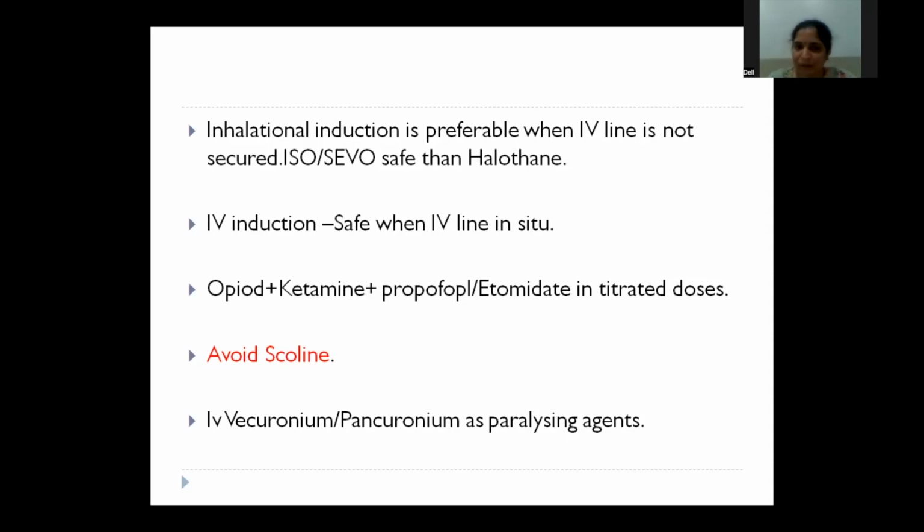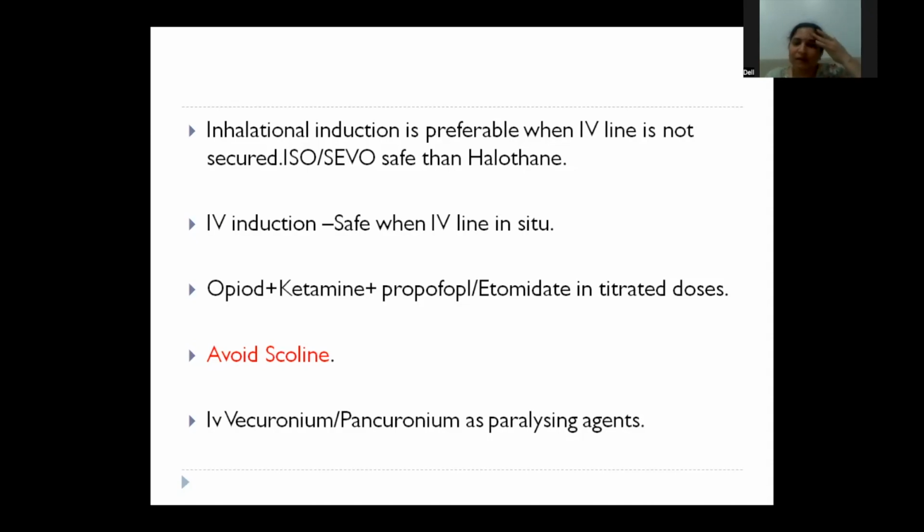Expert help is very much necessary, so it is always safe to take the IV line prior in the recovery period. You can put local prilocaine over the veins, and without making the baby cry, you can put the IV line safely.